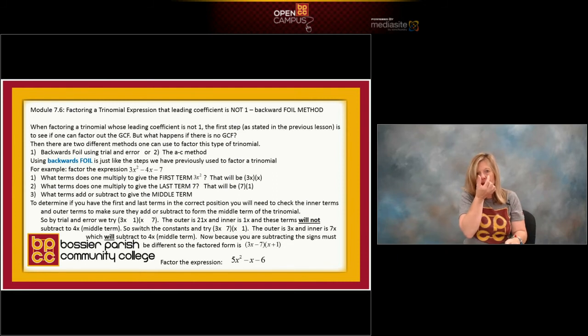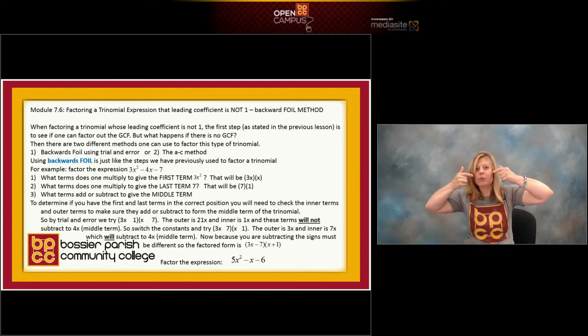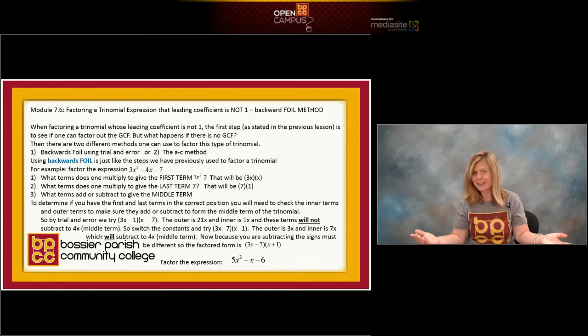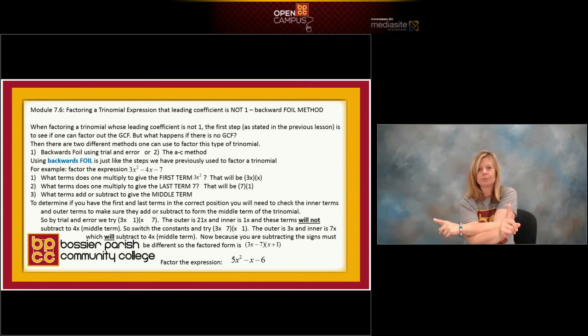Remember, the inners is the little man's nose, and the outers is his mouth. The inners, 1 times x, is 1x. The outers, 3x times 7, is 21x. If you subtract 1x from 21x, would you get the middle term, -4x? Heck no. You get 20x. That tells me I put my constants 1 and 7 in the wrong set of parentheses, so now I'm going to switch them.